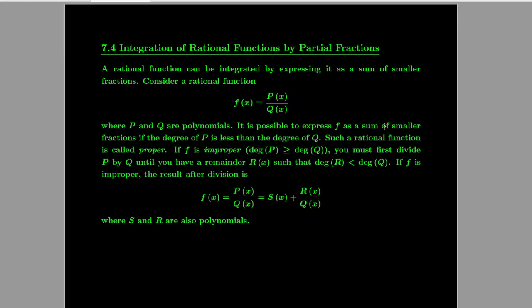Now look at some general ideas. Again, a rational function is defined as the quotient of two polynomials. In this particular case, I'm using p of x to denote the numerator, a polynomial, and q of x to denote the denominator, also a polynomial.